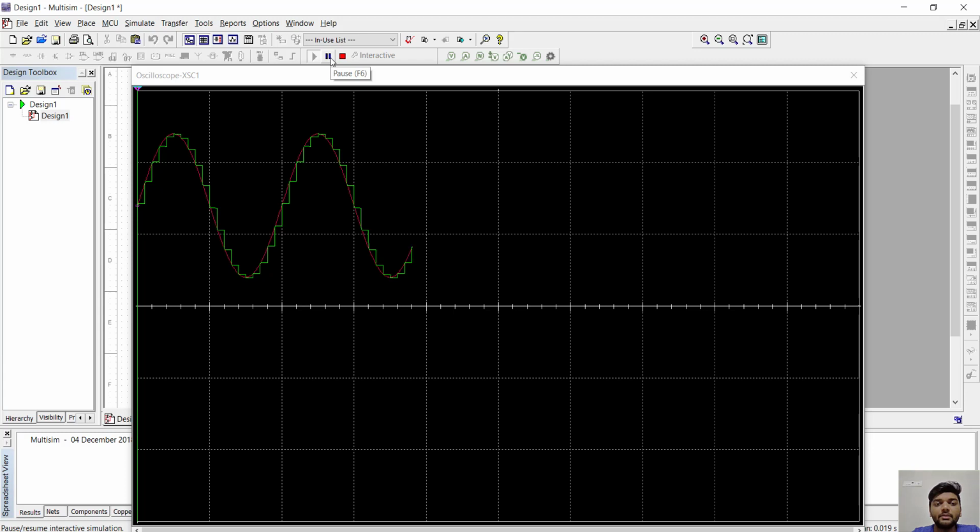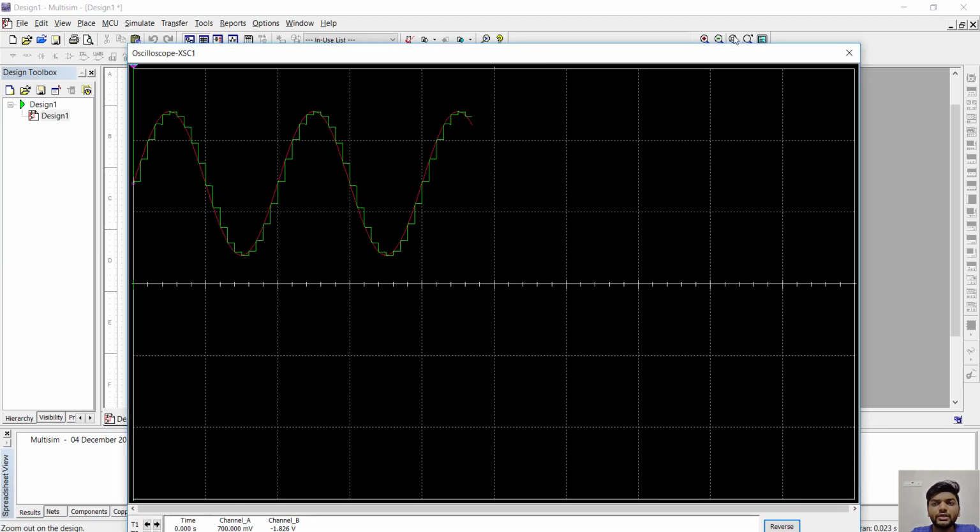As you can see, the number of samples being taken in a single cycle has increased. They are 1, 2, 3, 4, 5, 6, 7, 8, 9, 10, 11, 12, 13, 14, 15, 16, 17, 18, 19, and 20, which is 20 samples being taken in a single cycle.